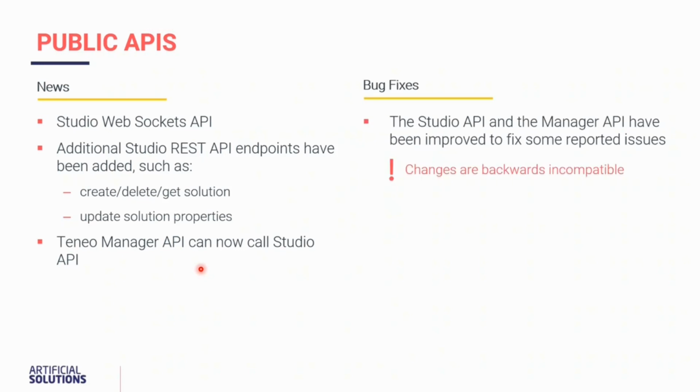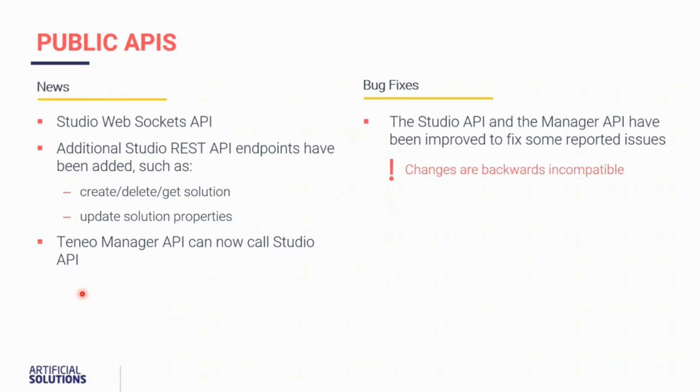Then a bug fix that I wanted to highlight here. We have improved and changed some things related to the Studio API and the Teneo Manager API to respond to some issues that had been reported to us. Those changes are backwards incompatible.